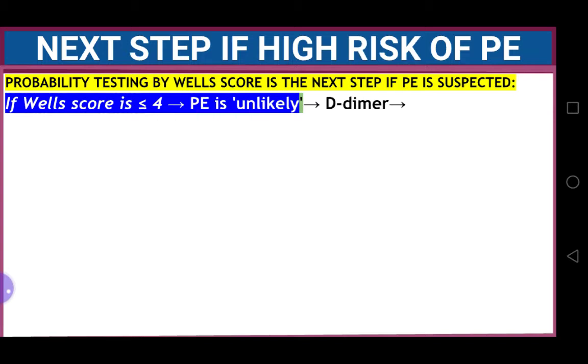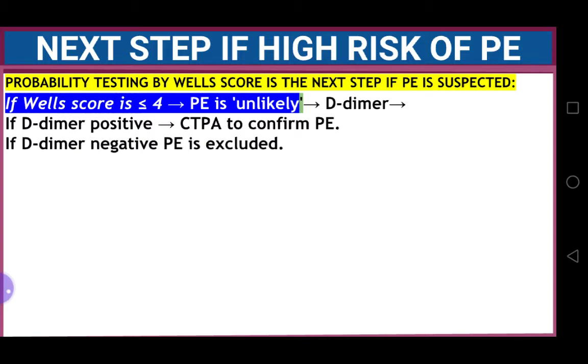In such cases, we do D-dimer test. If D-dimer test becomes positive, then CTPA is performed to confirm pulmonary embolism. And if D-dimer test comes back negative, then pulmonary embolism is excluded.